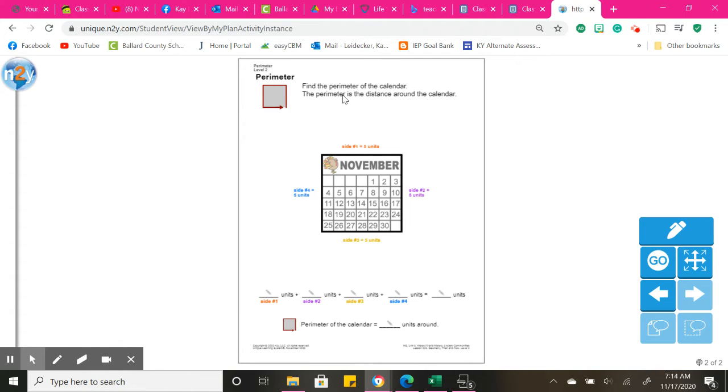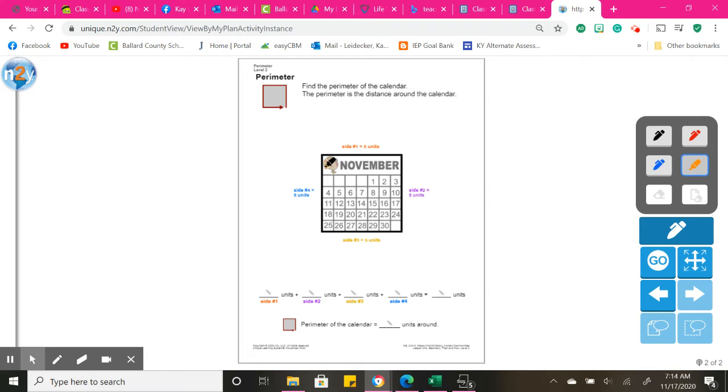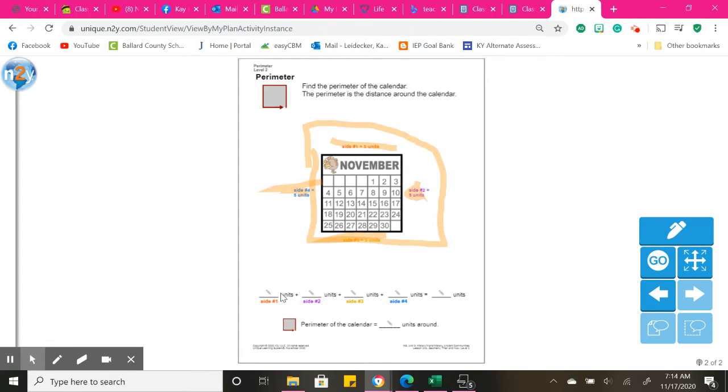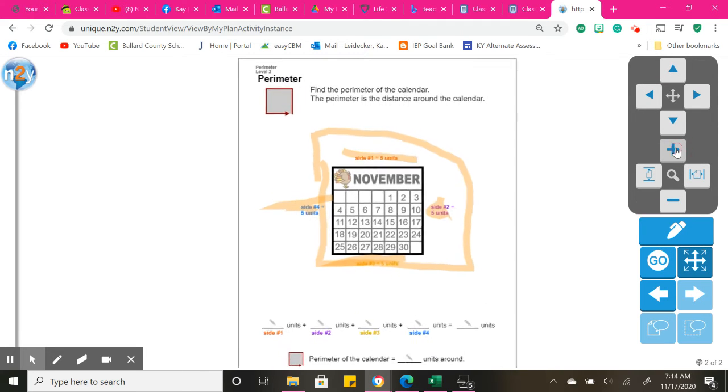So perimeter, find the perimeter of the calendar. The perimeter is the distance around the calendar, everything around it. So we're looking at the units squared, okay? I always look at the color. I'll zoom in a little here.